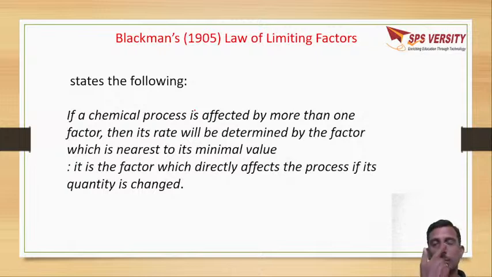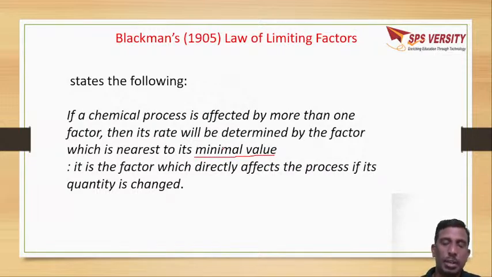Finally we come to Blackman's law of limiting factor. What it states: any process which is controlled by more than one factor, the factor which is in minimal value will affect that process.